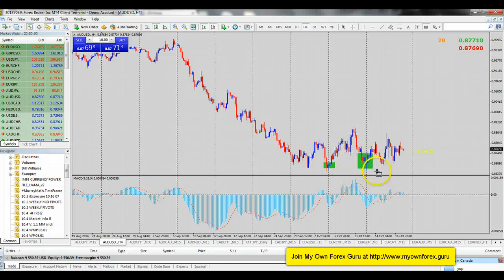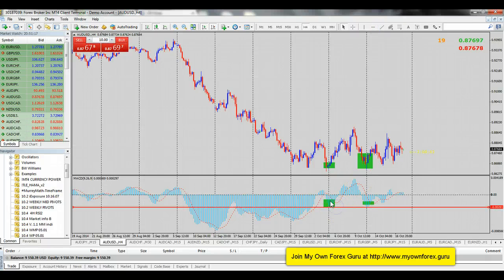Then, for a true divergence, the opposite needs to happen on the MACD. So we have a low here. Okay, that's our first low. Then the second low on the chart, which should have been deeper, should be shorter on the MACD. So I'm drawing some fake boxes on the MACD here just to display how it should have looked. We had the bottom on the first MACD wave here.